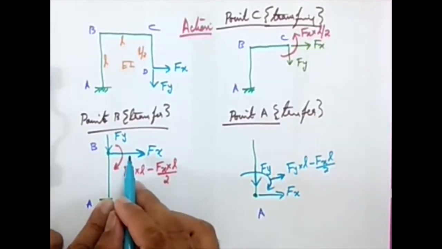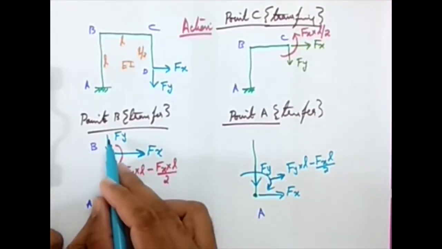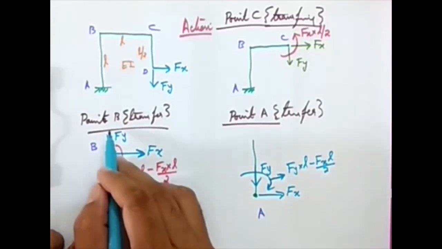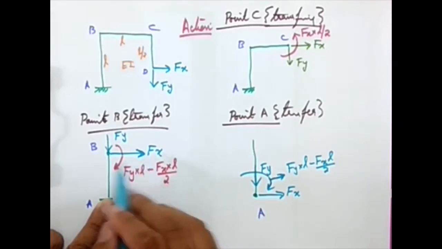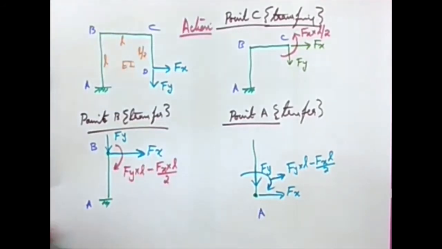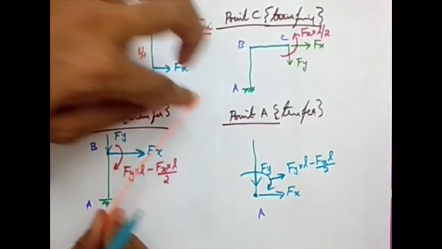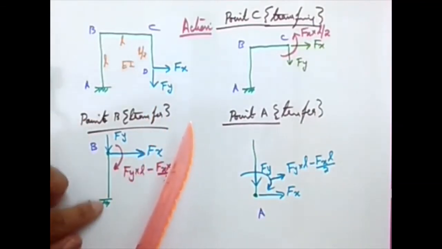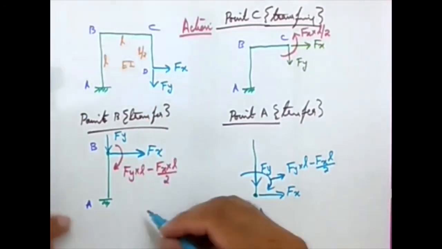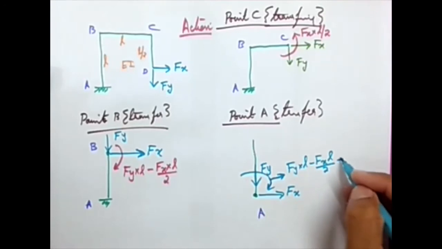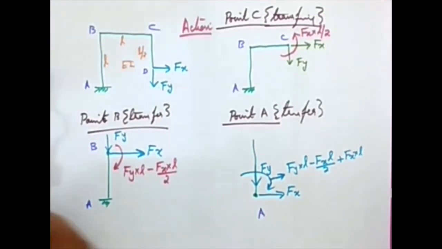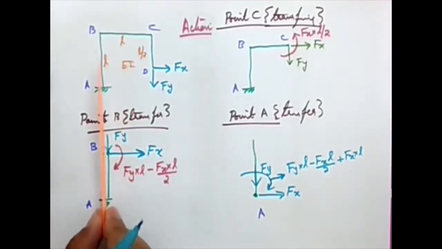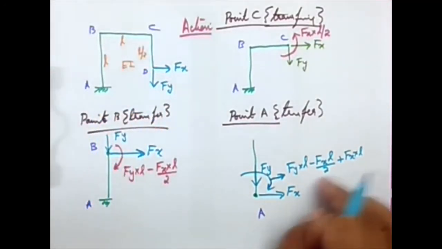Now there is another component which is causing an additional moment. Fy cannot create any moment because its line of action is passing through A, but for Fx there is a lever arm of L and it is going to create a clockwise rotation, that is Fx times L. I have marked it clockwise, so it is plus Fx times L. This length is L, so Fx times L clockwise.